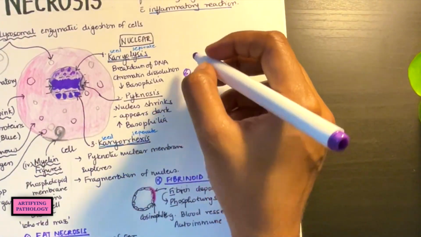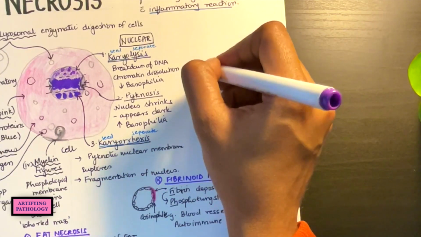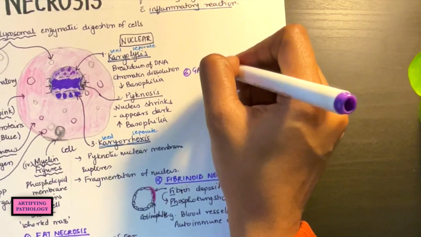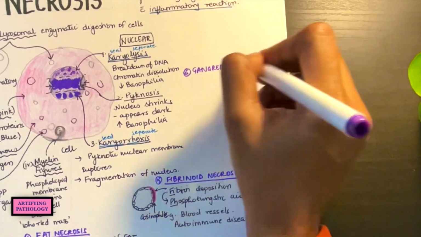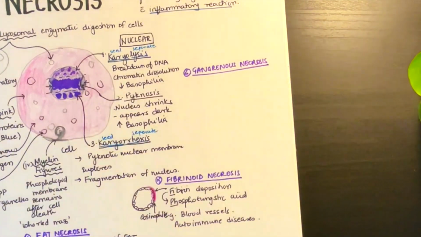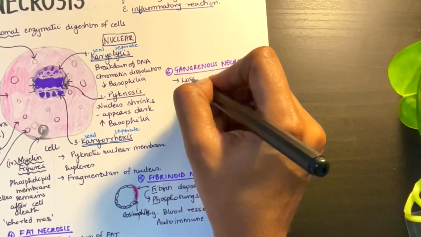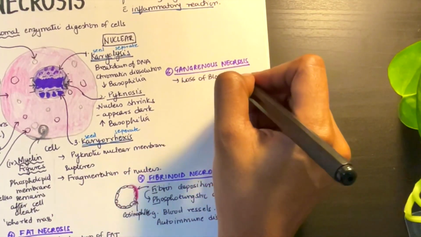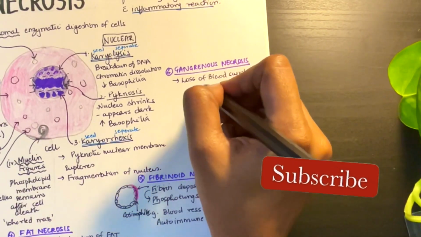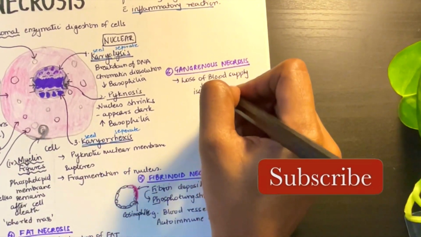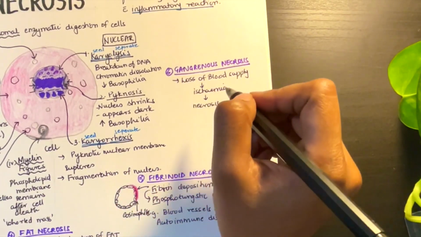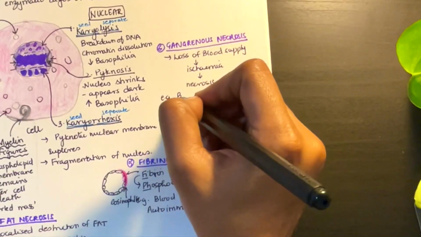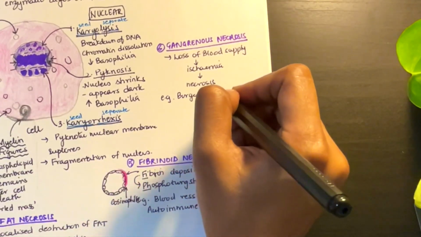And to complete the list, we have gangrenous necrosis. There is a debate whether it should be included in necrosis or be a separate entity. However, I have included it here. So in gangrenous necrosis, there is loss of blood supply leading to ischemia. Examples of gangrenous necrosis are Buerger's disease and Raynaud's disease.